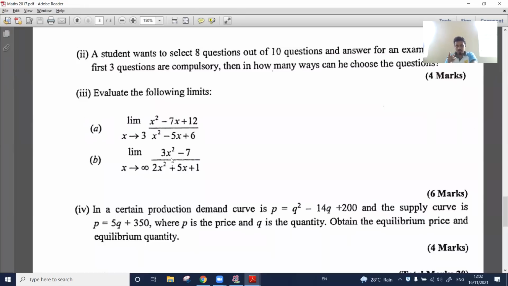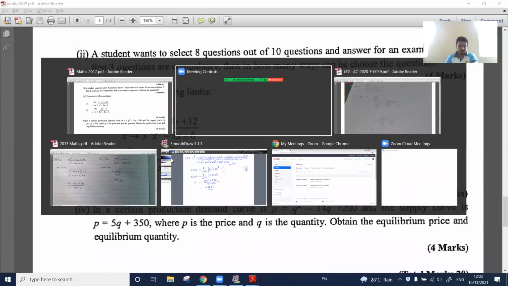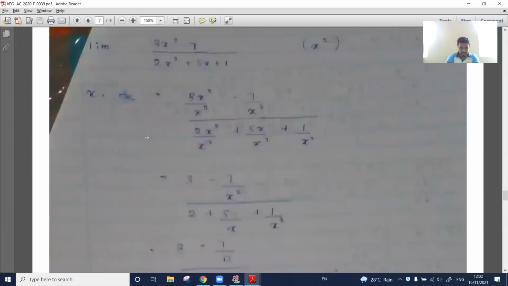Each and every term we need to divide by x squared. 3x squared needs to be divided by x squared, 7 by x squared, 2x squared by x squared, 5x by x squared, 1 by x squared.